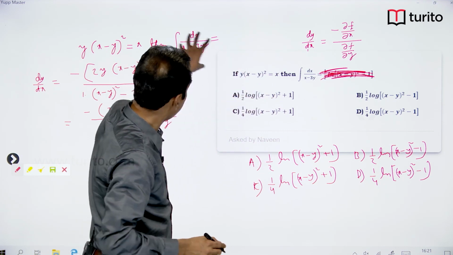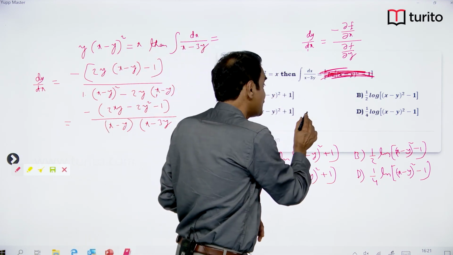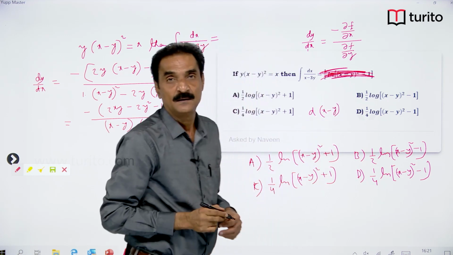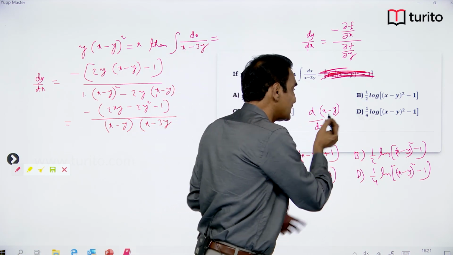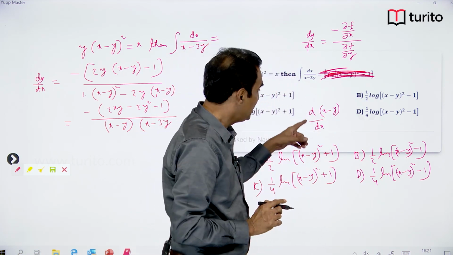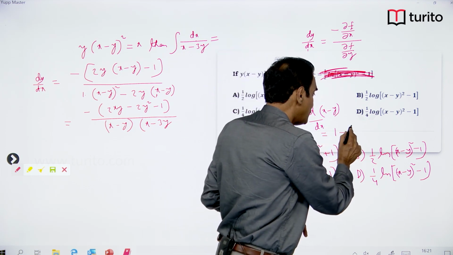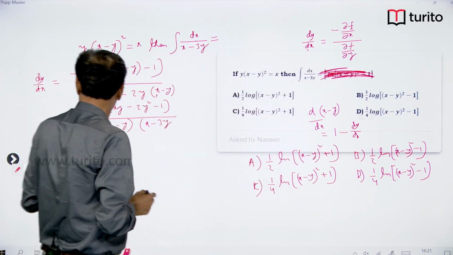What is our idea? To write everything in x minus y, and also instead of dx we should get d of (x minus y). Let us find d by dx of (x minus y) first. D by dx of x minus y is what? D by dx of x is 1 minus dy by dx.